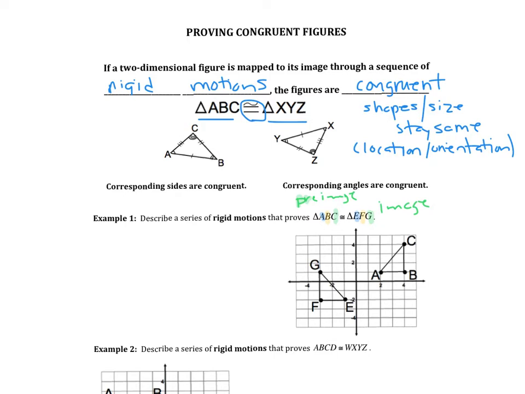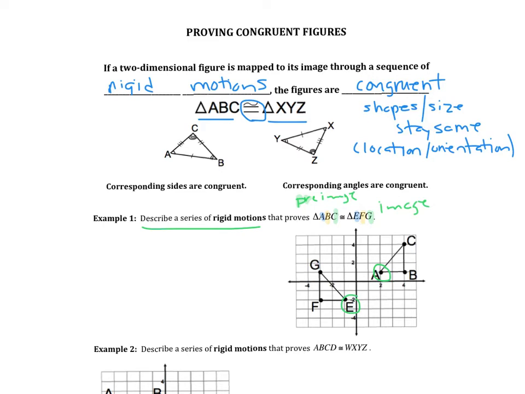When solving a problem like this and describing a series of rigid motions that would prove that ABC and EFG are congruent, we're going to really need to make sure that our letters line up. So if we made a focus on letter A and letter E, we'd have to make sure that those two would cross over each other perfectly.